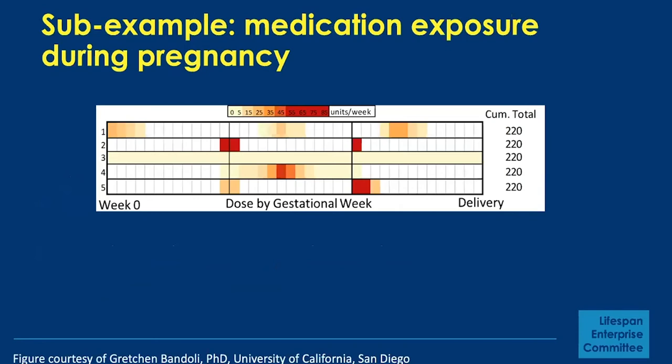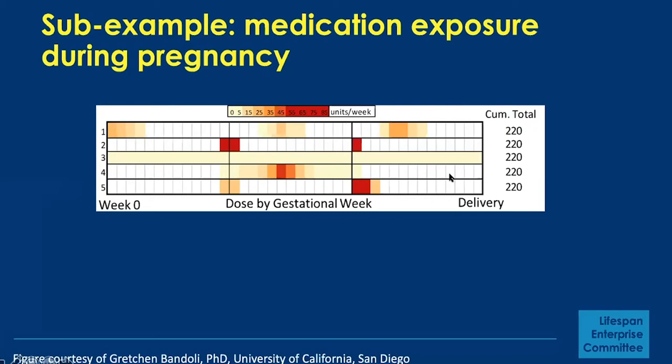And now I just want to drive down on that point a little bit more and give a sub-example of medication exposure during pregnancy. So this is a hypothetical example, and we have 5 different women, and their medication exposures according to pregnancy and gestational week of pregnancy are plotted here.